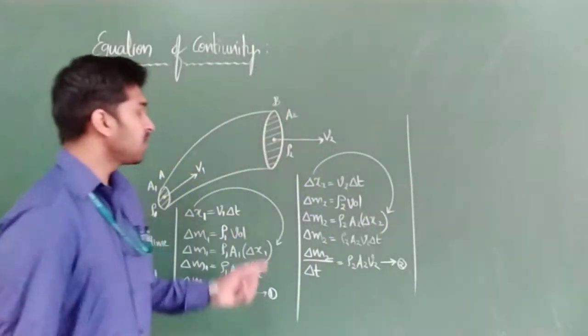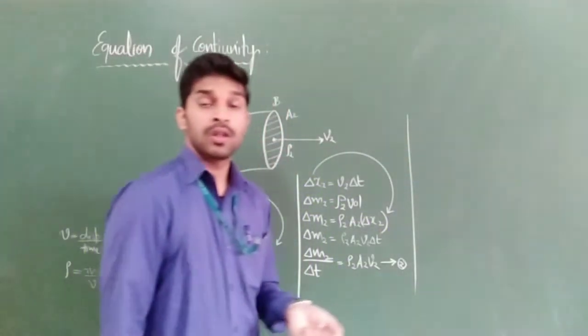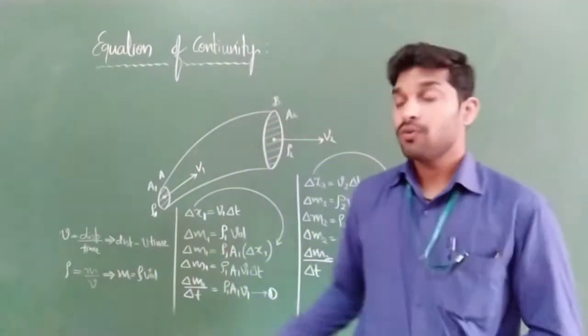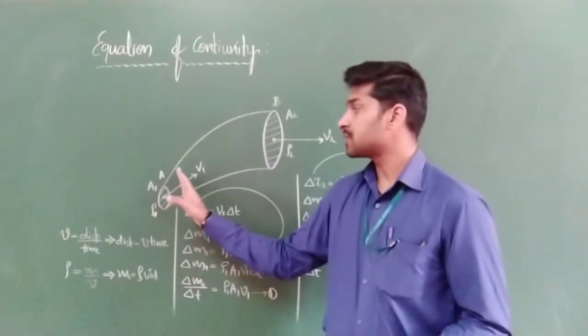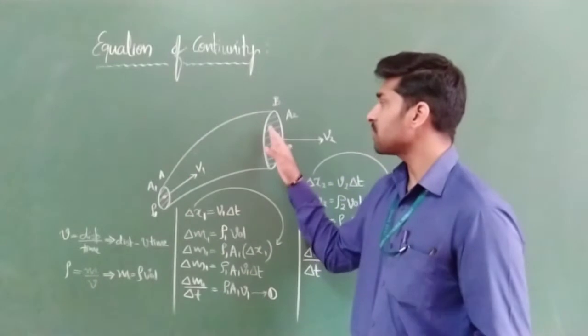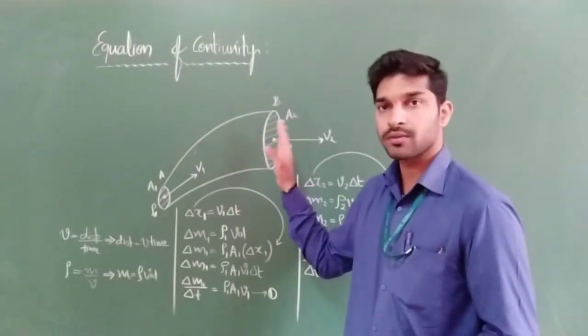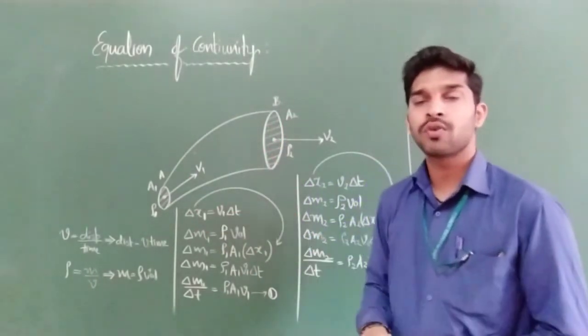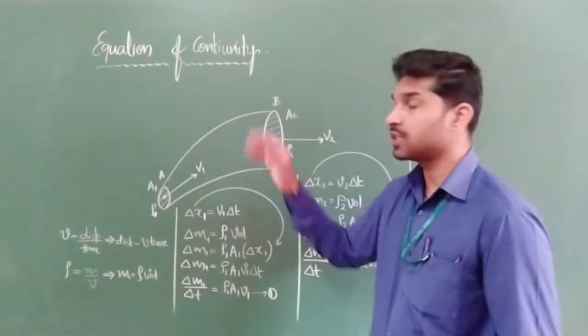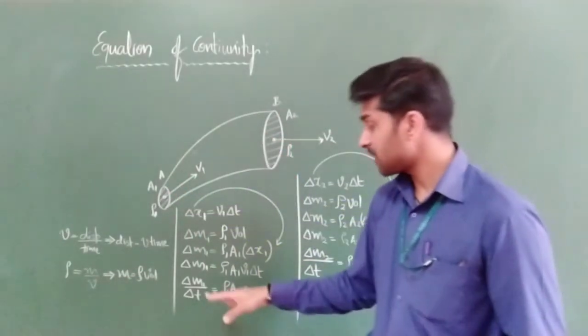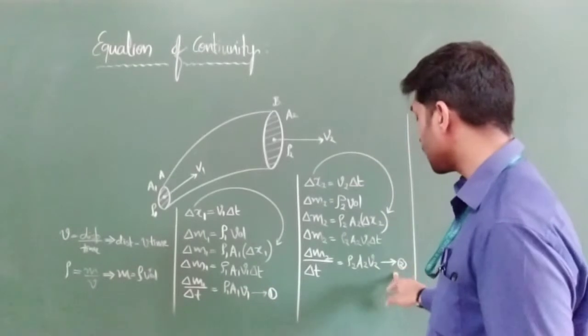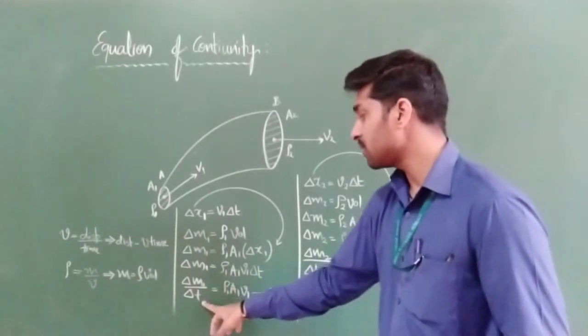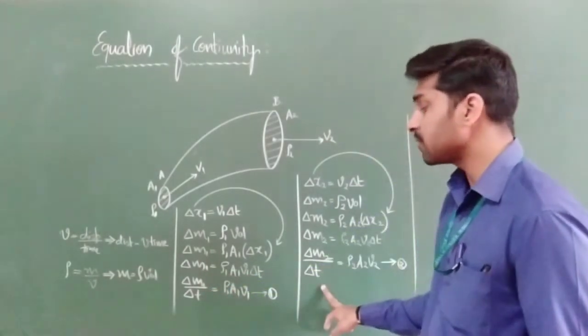Now what we are saying is that the amount of fluid entering at this point should be equal to the amount of fluid exiting at this point. There is no loss of liquid between this point and this point. That's why we are equating equation 1 with equation 2. That means delta m1 by t should be equal to delta m2 by t.